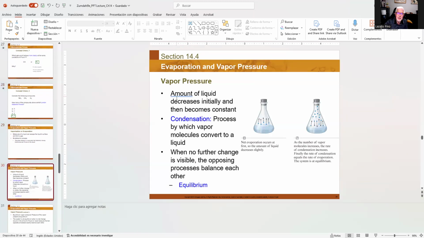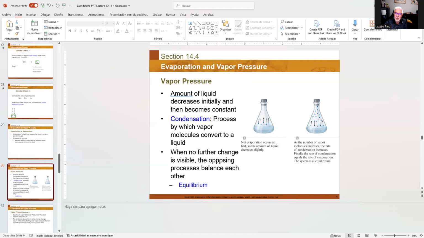The amount of liquid decreases initially and then becomes constant. The condensation process, by which vapor molecules convert into liquid, and the evaporation process balance each other when no further change is visible.